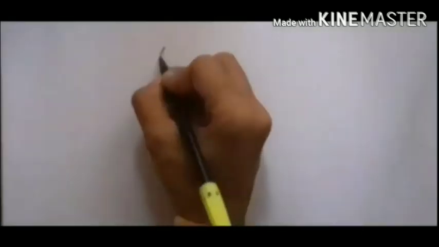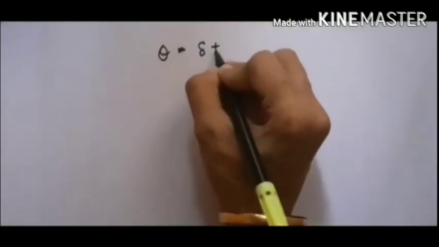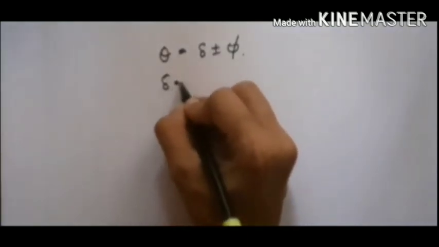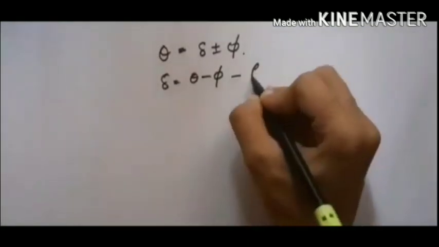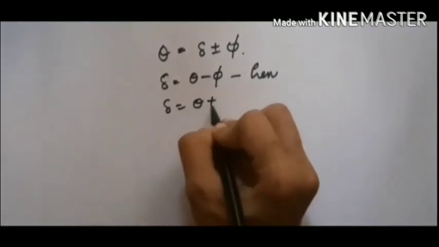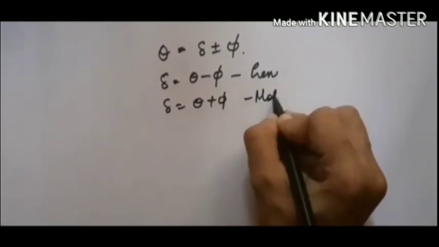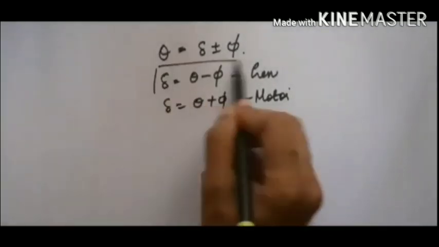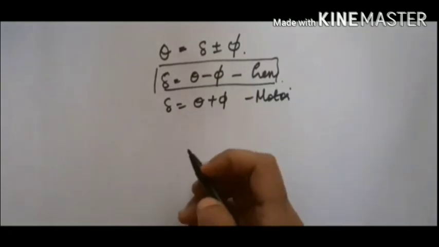We know that angle theta is equal to delta plus or minus phi, from which we get delta is equal to theta minus phi in case of generating, and delta is equal to theta plus phi in case of motoring. Here, since it is an alternator, we choose the first equation, delta equal to theta minus phi.